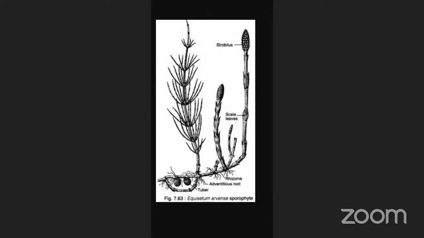Here, external form. What are the external characters? The sporophyte of Equisetum is differentiated into leaf, stem and roots, similar to Lycopodium. Leaf, stem and roots are there. It has scale-like leaves at each node.